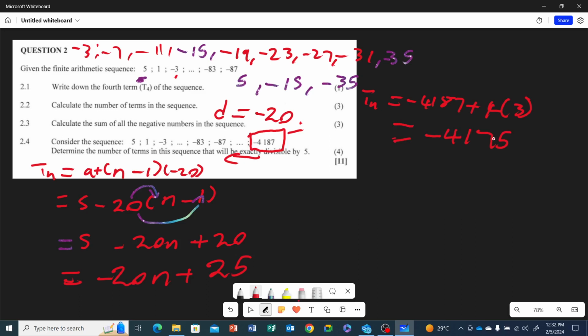Now since we have a number that is divisible by 5 and we have an equation, we can calculate the number of terms.